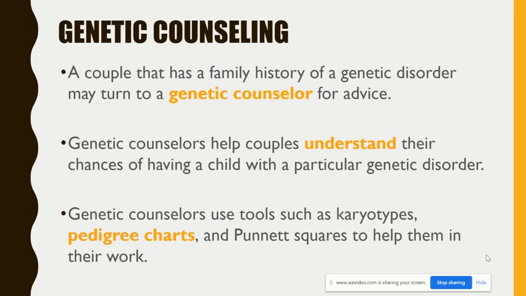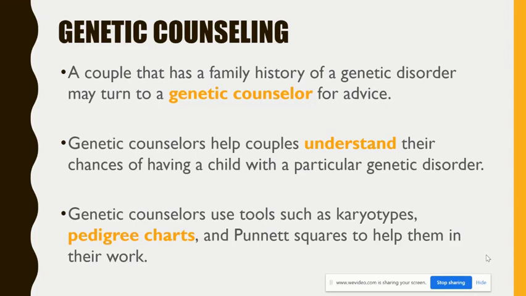So some other things with genetic disorders and different ways that people can get help is through genetic counseling. So a couple that has a family history of a genetic disorder, or if they want to see if they have a higher chance of having children with genetic disorders, they can go to a genetic counselor.